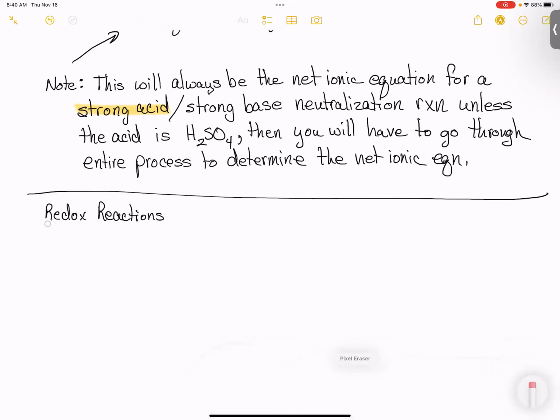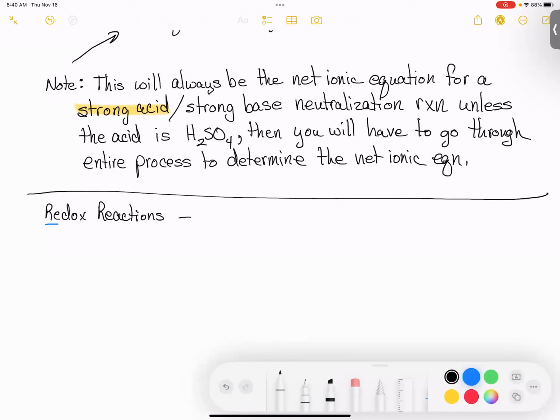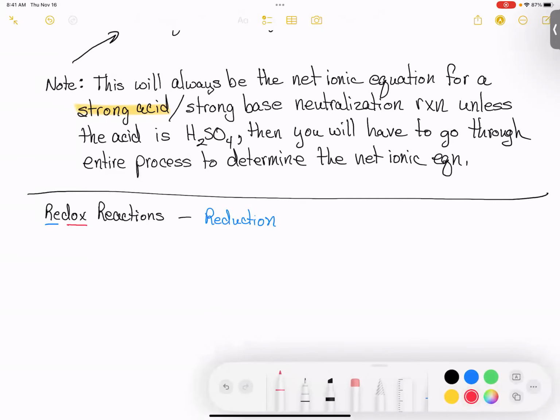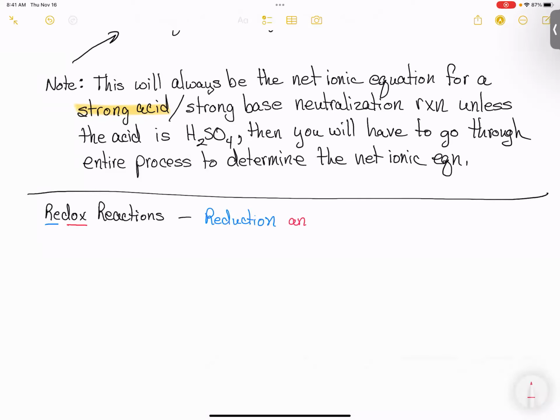The term redox is actually a combination of reduction and oxidation reactions.